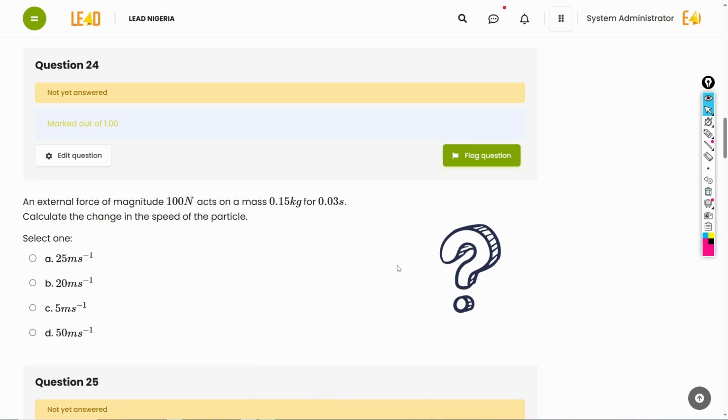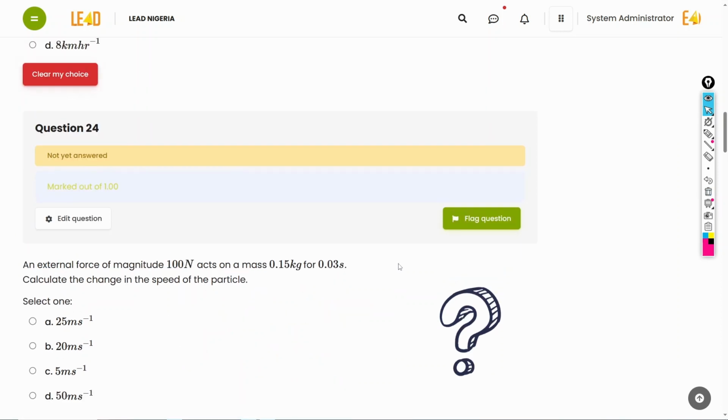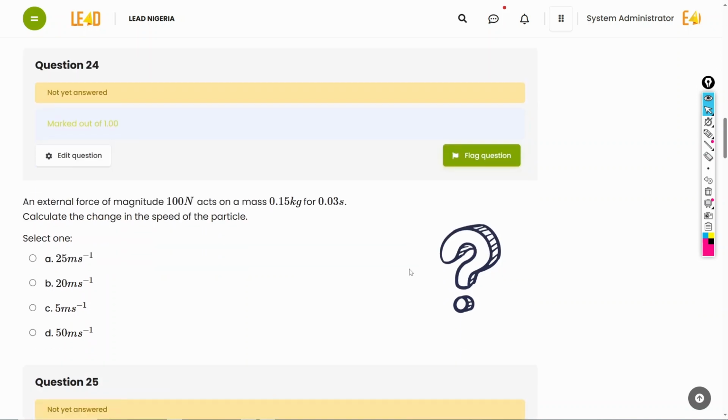All right, so 24. An external force of magnitude 100 newtons acts on a mass of 0.15 kg for 0.03 seconds. For this question, we're going to use the formula that says impulse is equal to change in momentum.